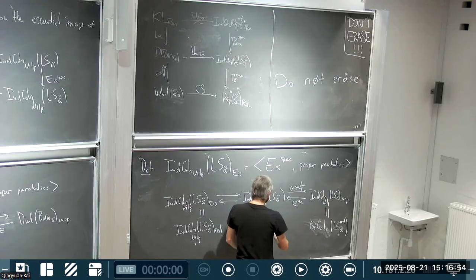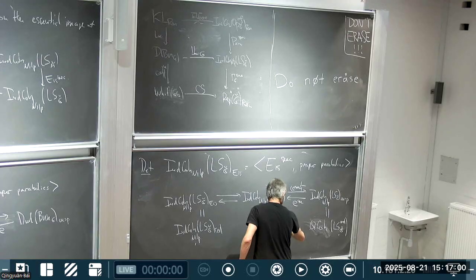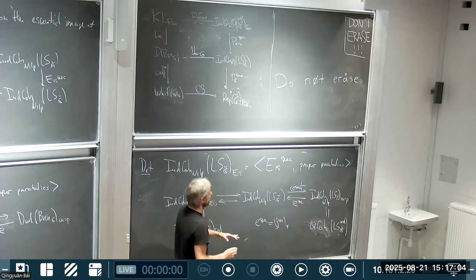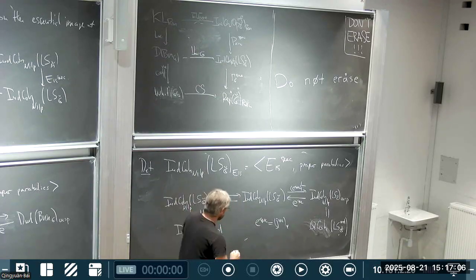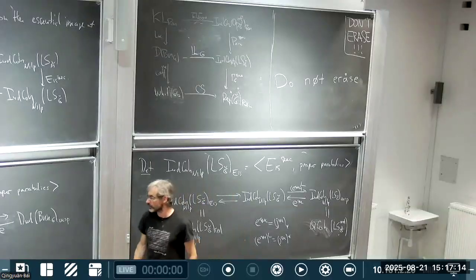And under this identification, this E spec is the functor that we call j spec lower star. So I'll denote by j spec the embedding of the irreducible locus. And E spec L is j spec upper star. Again, j spec is the embedding of the irreducible locus.